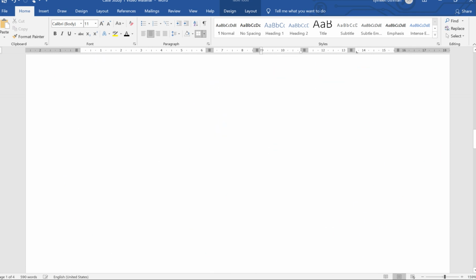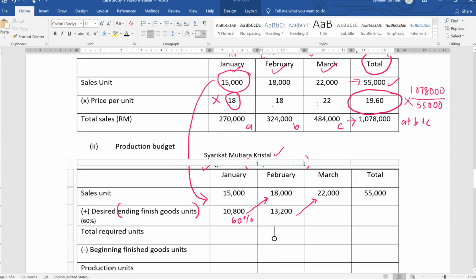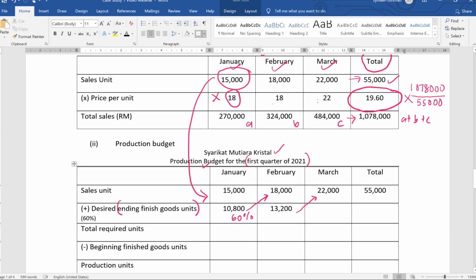So here my ending inventory will be 12,600, which is 60% daripada 21,000. Okay, so since this is ending inventory, so nilai yang kita akan letak di sini ialah nilai ini.